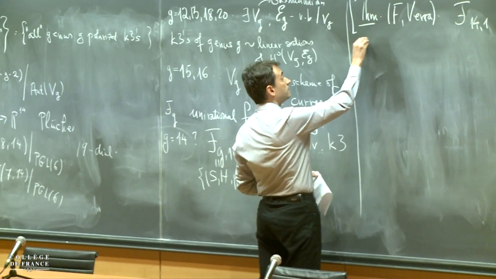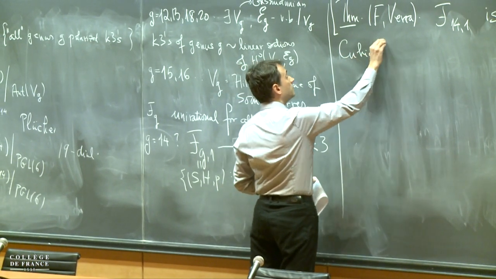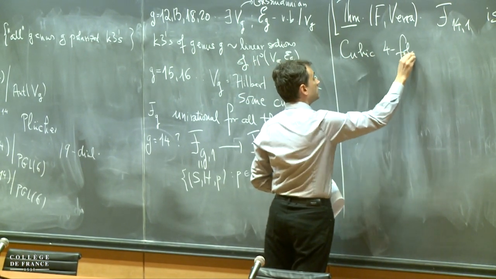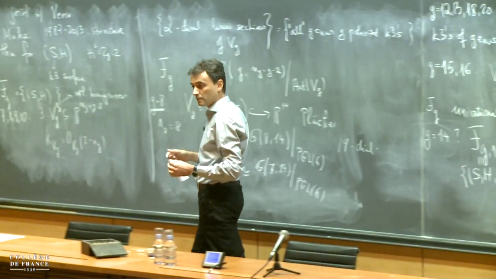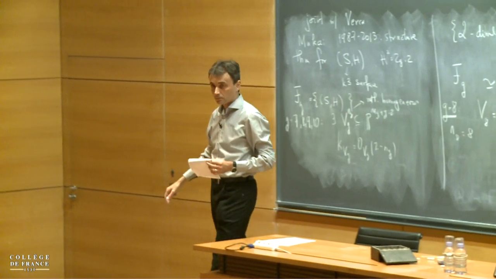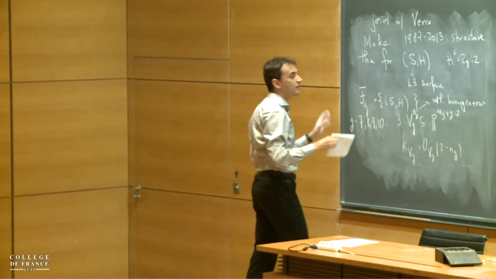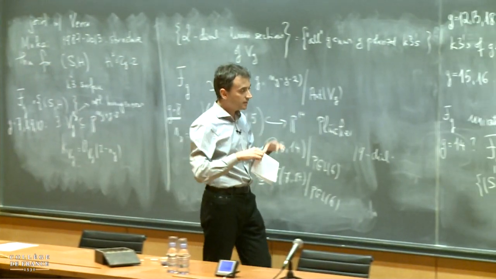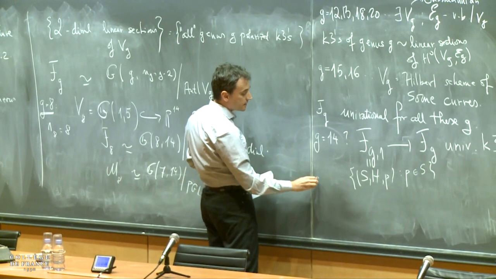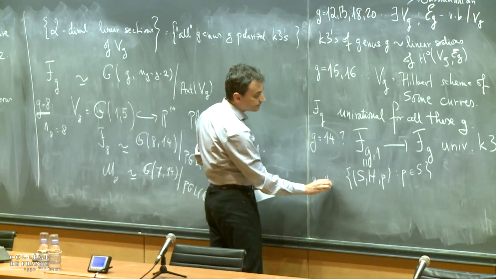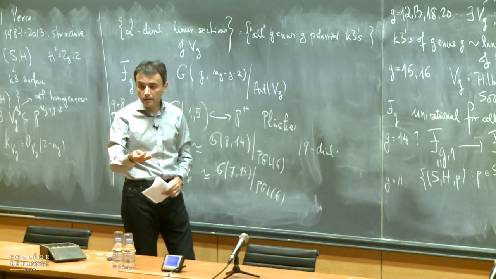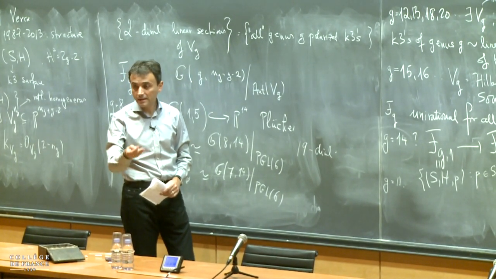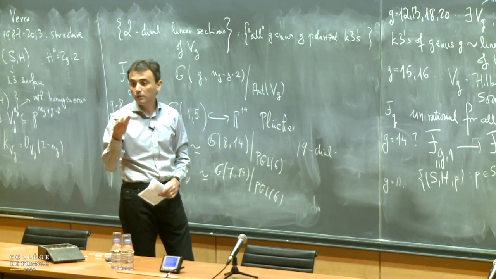So cubic fourfolds. Oh, 11. 11 is known. For 11, we know tons of things about it. So 11 does not fit in this picture. There you have that M11, the moduli space of curves of genus 11, is a P^11 bundle over F11.